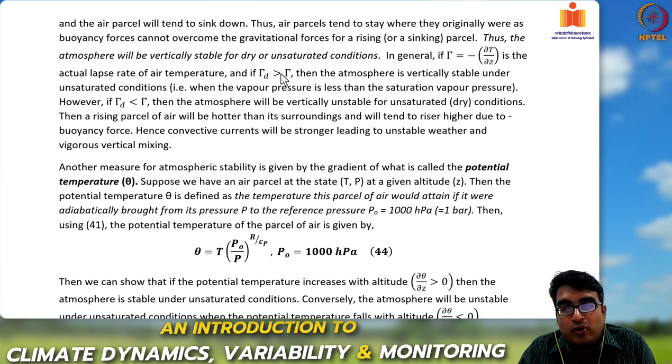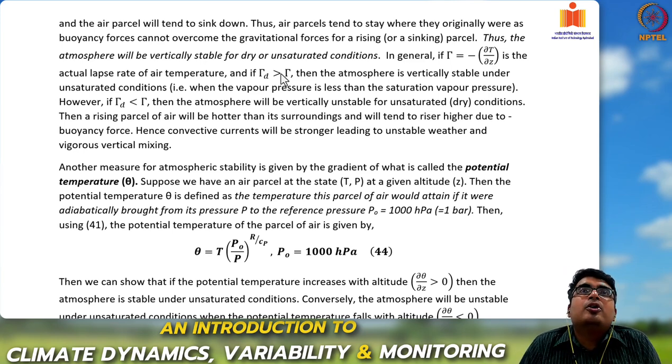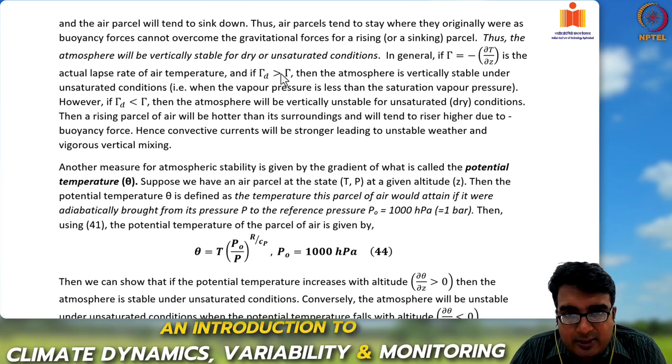So we have a restoring force of gravity that is acting against the buoyancy force that was initially causing the upward movement, and hence we will have a stable atmospheric condition where the air parcels would not rise up or down too significantly, and we will have weak convection cells.